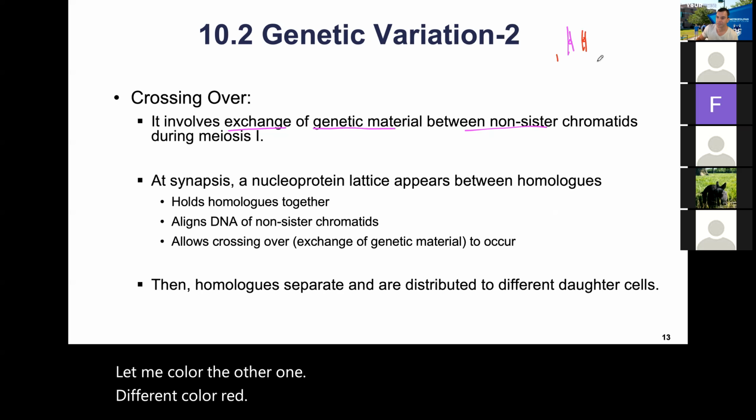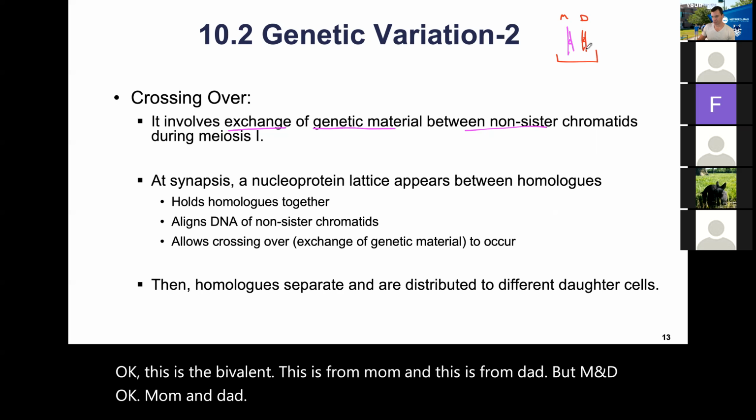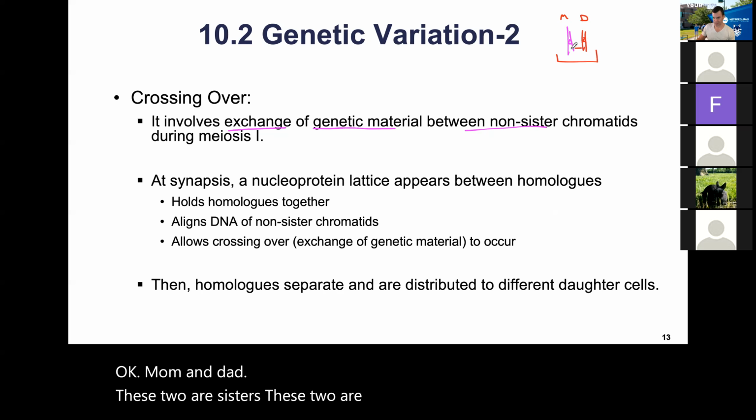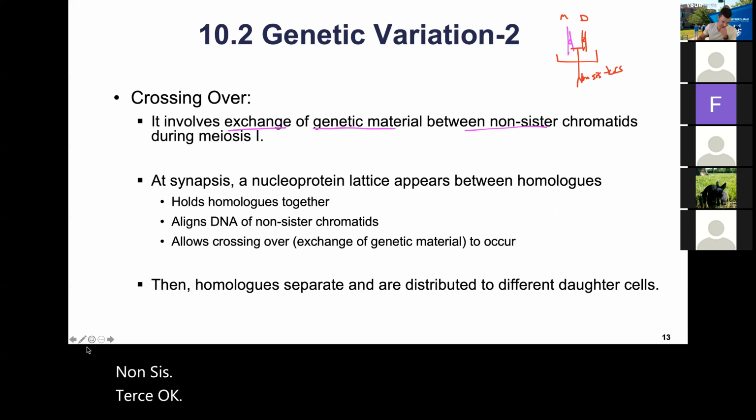Okay. This is the bivalent. This is from mom and this is from dad. I'll put M and D. Mom and dad. These two are sisters. These two are sisters. These two are non-sisters. Non-sisters. All right. So that's where we're at right there.